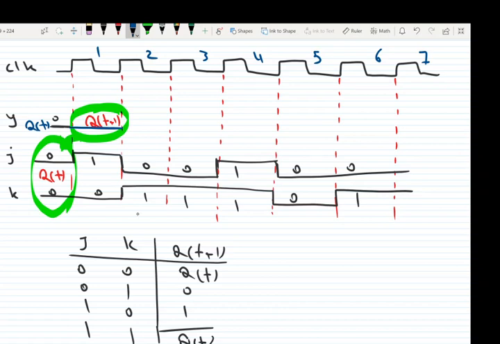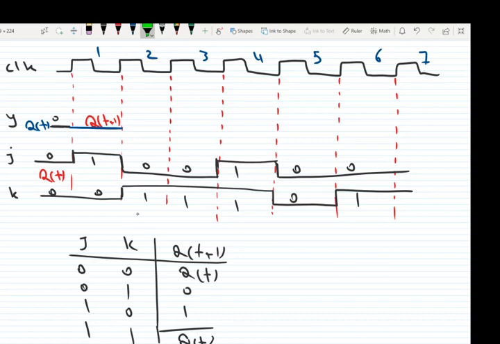The next step, in order to determine the value of output, I'm trying to show it with my highlighter, but it's not working. Okay, that's fine.